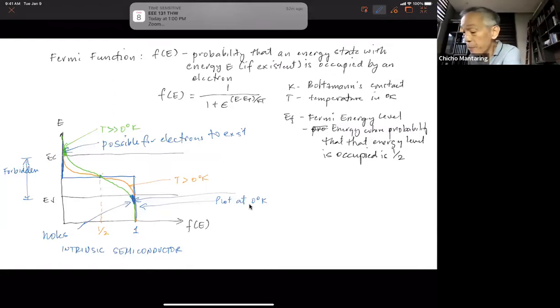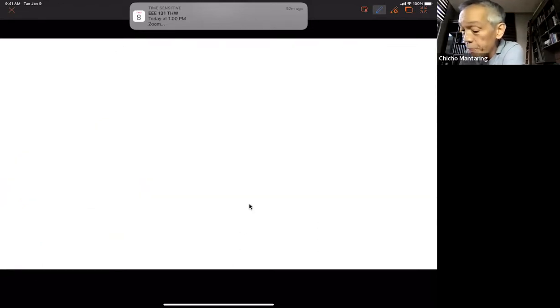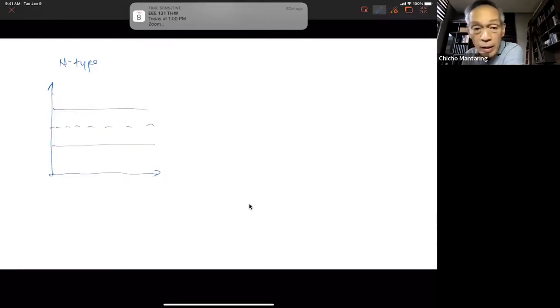Okay. What happens when you have a doped semiconductor? If you have an N-type semiconductor, we will call this now EI, where EI is your intrinsic Fermi level.